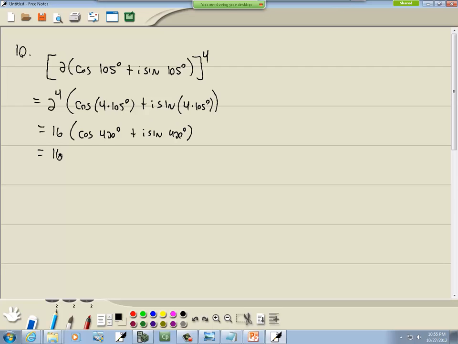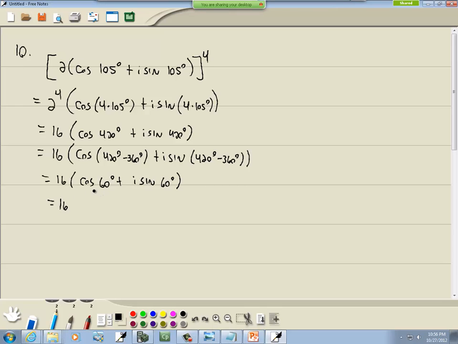Well, I want to get this on the unit circle if I can, to see if I can get an exact answer. So I'm going to take 420 degrees and subtract 360, plus i sine of 420 degrees minus 360 degrees. Well, 420 minus 360, that's 60 degrees, plus i sine of 60 degrees.